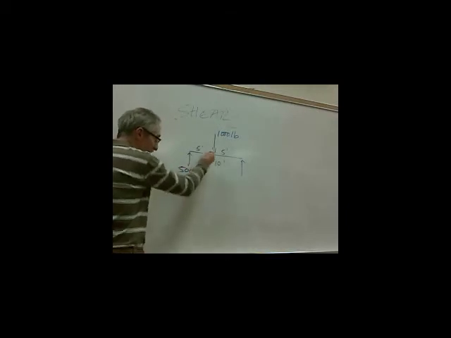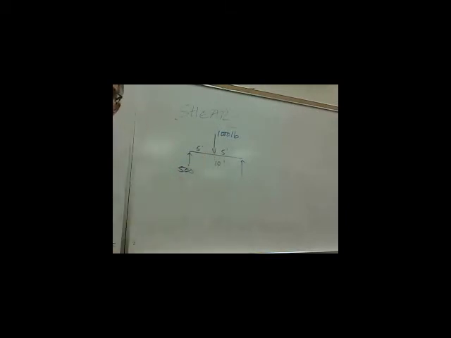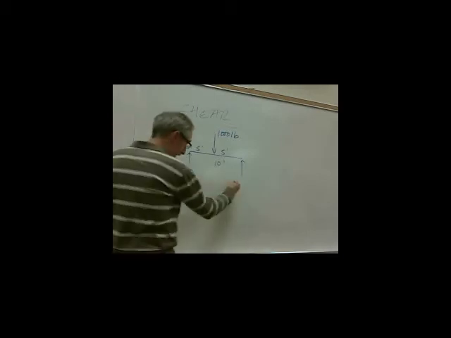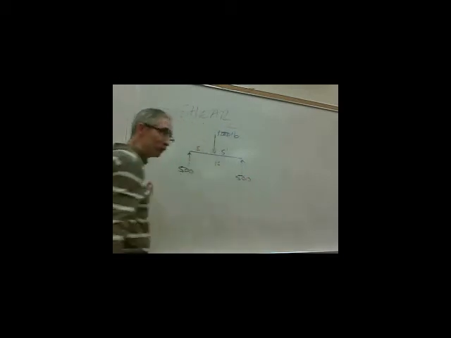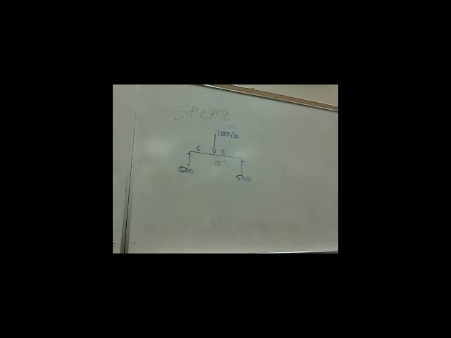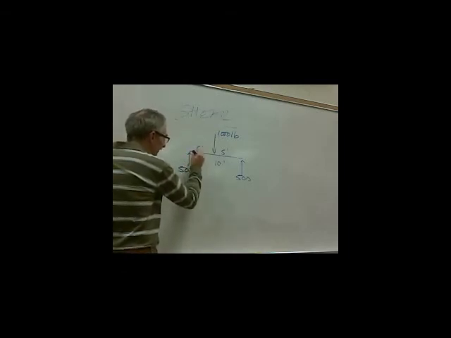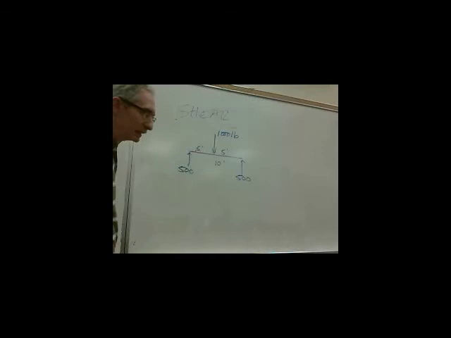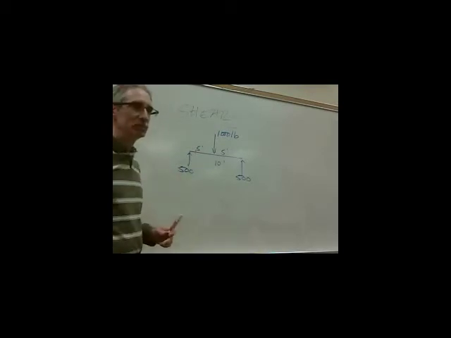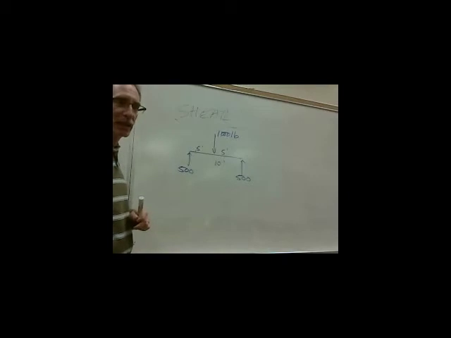Now this is a pretty easy one, so I'm not going to go through all the equilibrium equations. I think you can tell me if I got a 1,000-pound load sitting in the middle of a beam, half of it's going to go to the left support and half of it's going to go to the right support, right? But anyway, what if I was considering a point that was 1 foot out from the left-hand support?